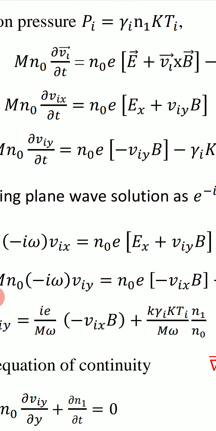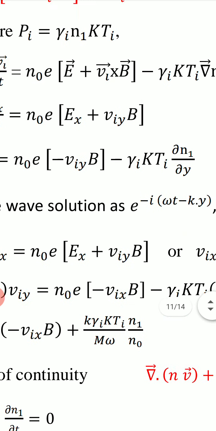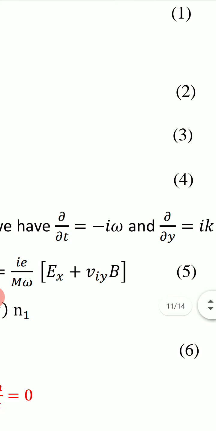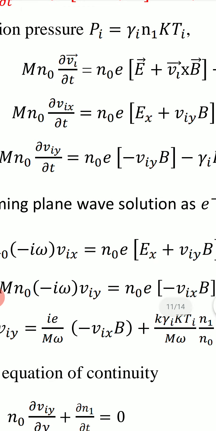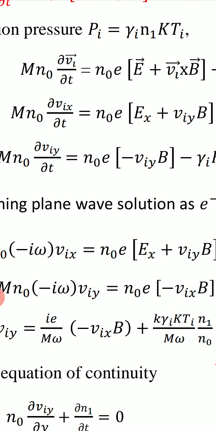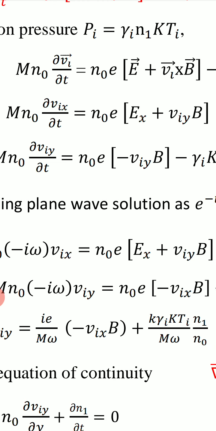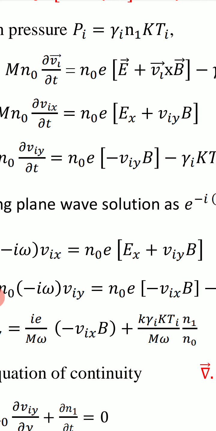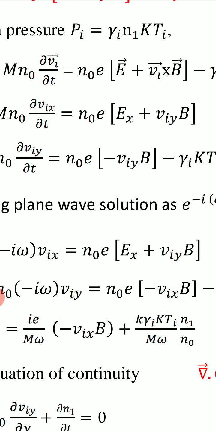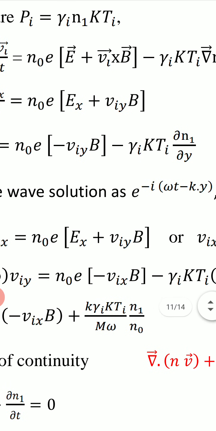And then in terms of x and y components, this equation 2 becomes, x component of it is M N0 dVix/dt. Vi is velocity of ion and Vix is its x component, equal to N0 e Ex plus Viy B.